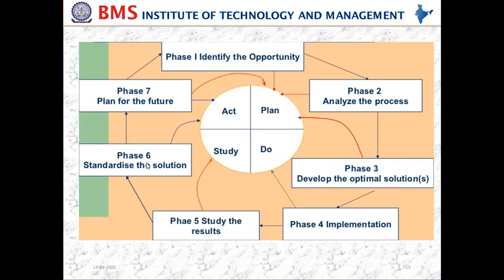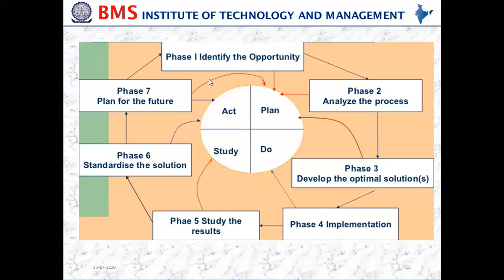Phase 6 is standardize the solution. Whatever you have learned from the results has to be incorporated into the improved plan, and then the process has to be standardized. Then phase 7, plan for the future. This is also the act phase, because you are planning for the future, and it is an improved plan. So it is also in the planning phase, because we are going to incorporate it there.